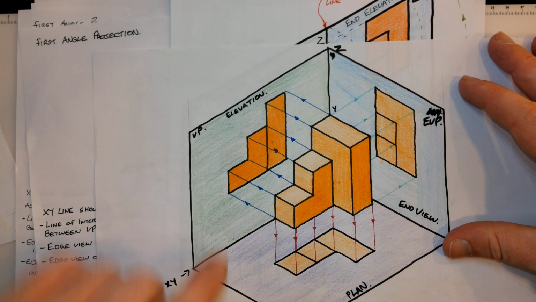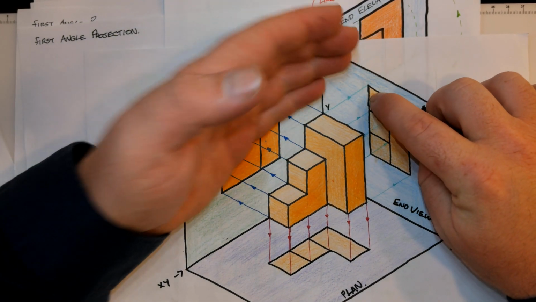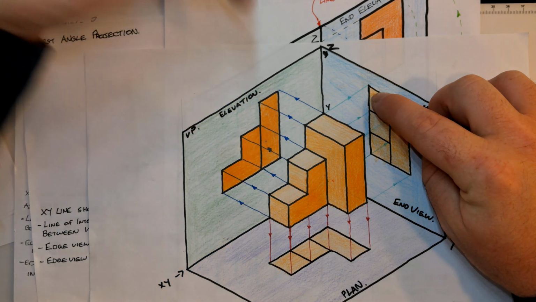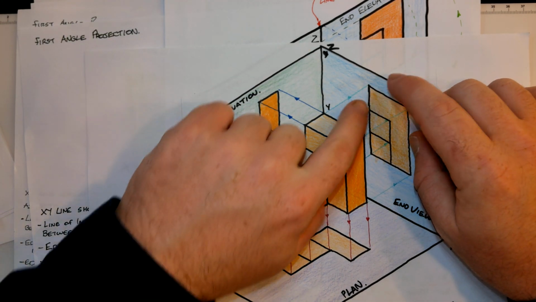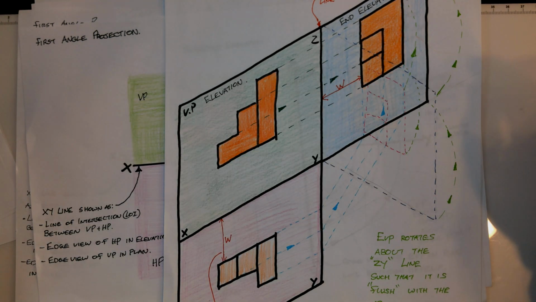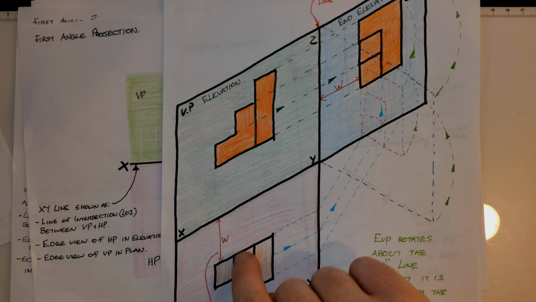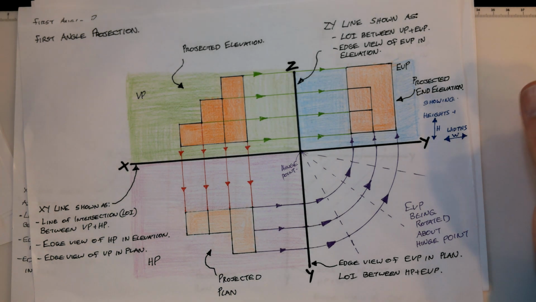So this object is sitting in the middle of the room. It's sitting that distance away from this vertical plane. But if we look down, we will again see that distance here. So again, that distance is the same as that distance. And what that looks like is it looks like this. This distance here is the same distance as here. And this is what's shown.